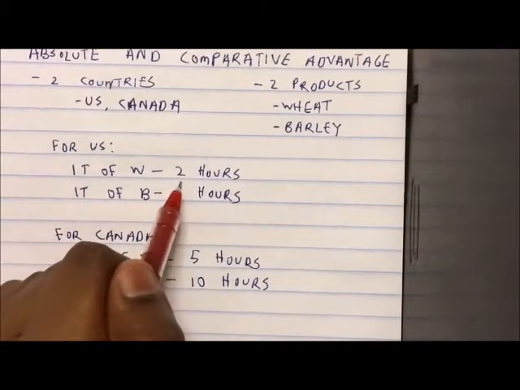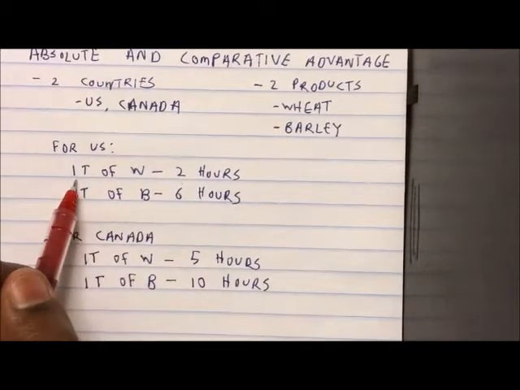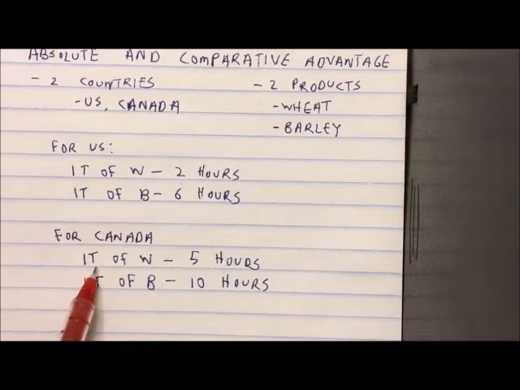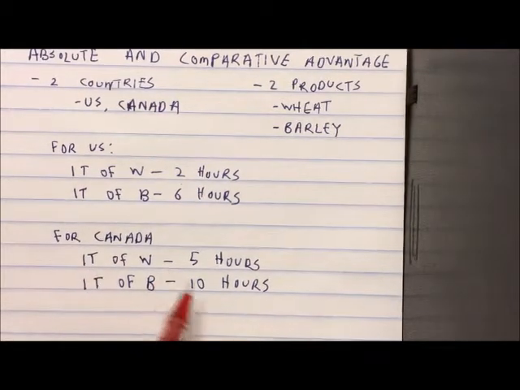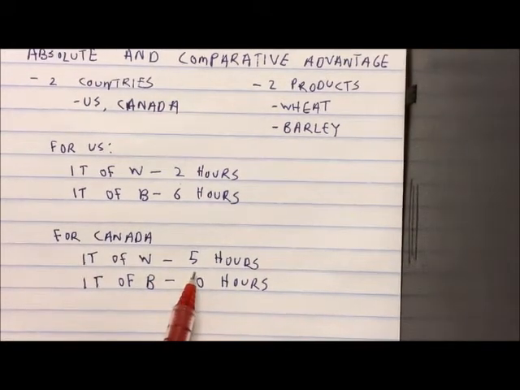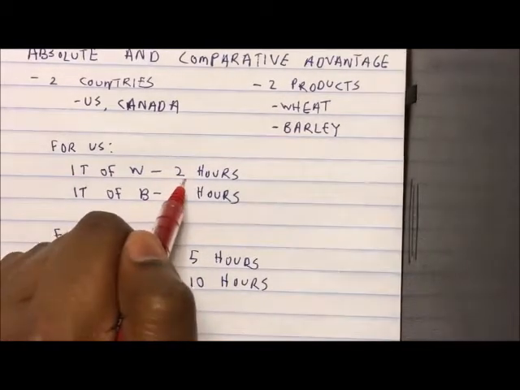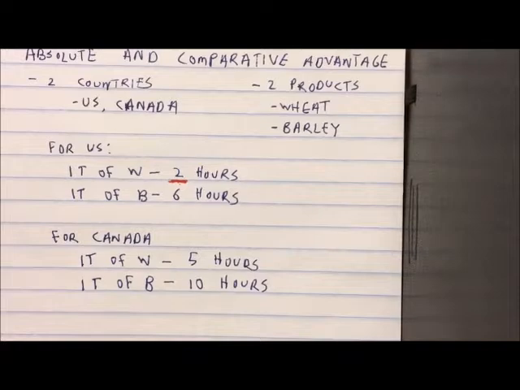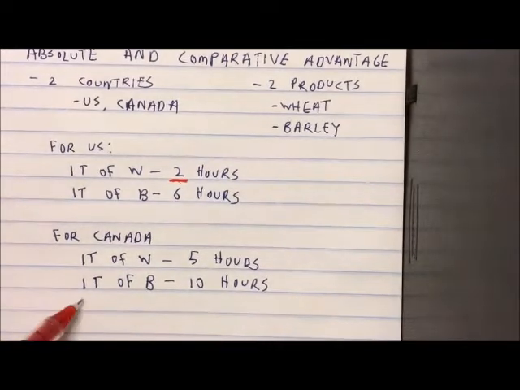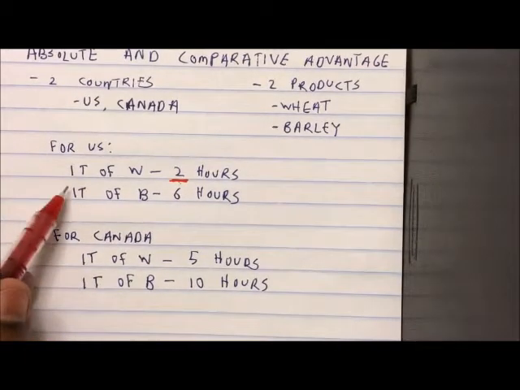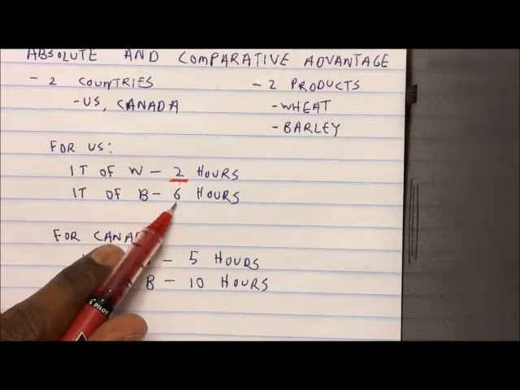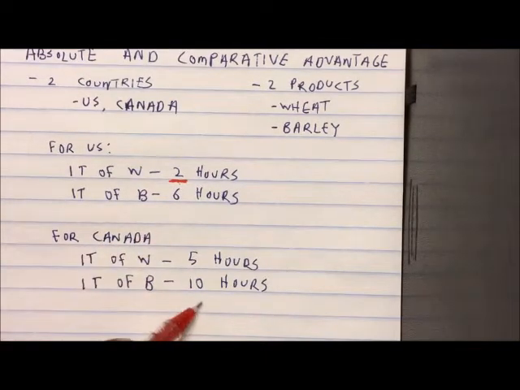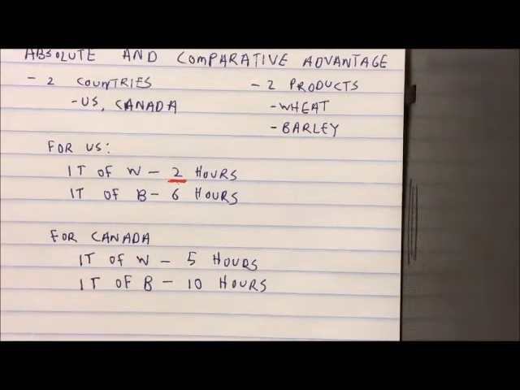The US requires just 2 hours to produce 1 ton of wheat. Now if we compare it with Canada, to produce 1 ton of wheat, Canada requires 5 hours. So the US needs fewer hours to produce the same amount of wheat when compared to Canada. On the other hand, if we look at barley, the US requires a fewer number of hours compared to Canada to produce the same ton of barley.